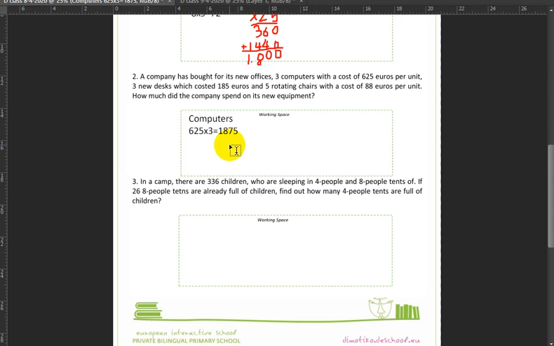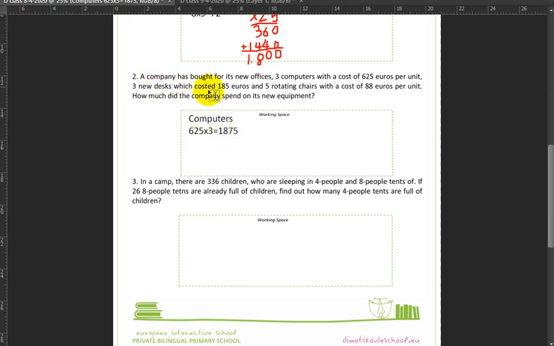Next up, we have a little curveball. It's a bit of a trick, basically, because if you look carefully, what you're going to see is that for the computers and the chairs, we get the information that they cost this amount of money per unit. Okay, so we don't know how much they actually cost altogether. That's why we just did this multiplication, to figure that out.